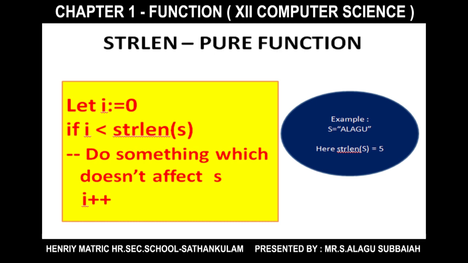That's why we say that strlen is a pure function. If we call strlen of s, it reads the internal memory of the string and returns the final value. So the value will not change if we call the same function again. So we conclude that strlen is a pure function.